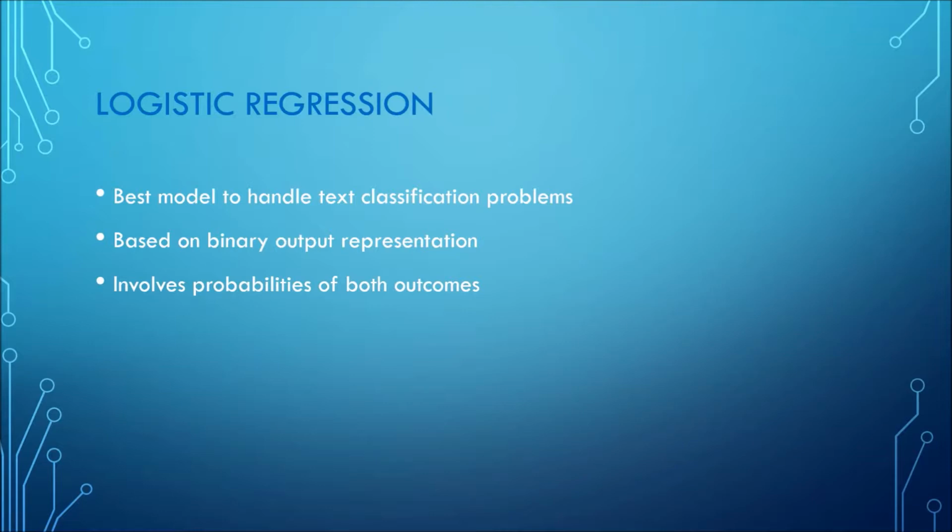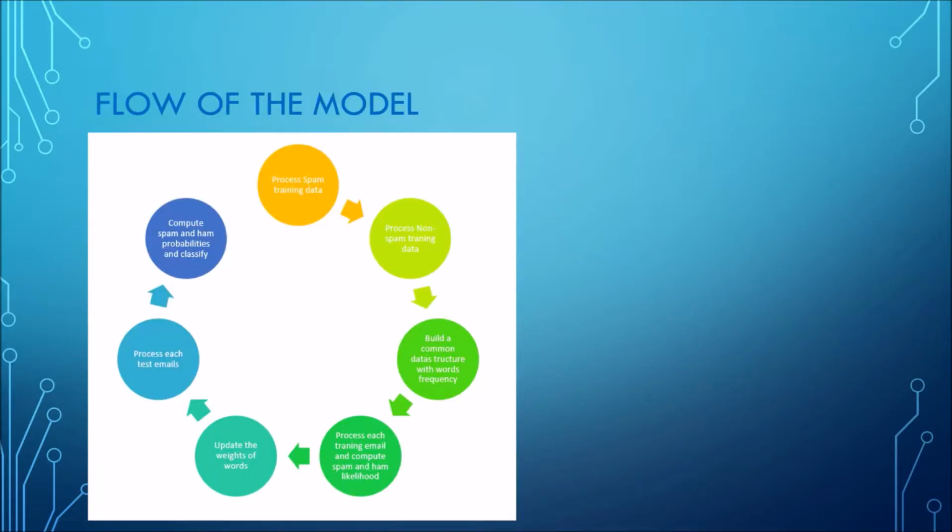Mainly, logistic regression involves computation of probabilities of both outcomes and also the likelihood of the probabilities by using the training dataset. These probabilities are used to train the model, and logistic transformation equations are used in classification of emails. So let's get into the flow of the model.